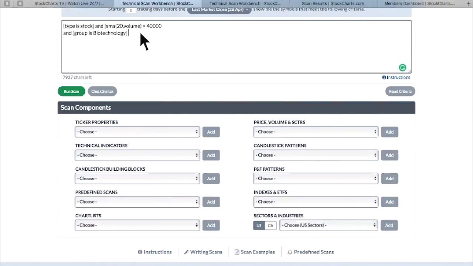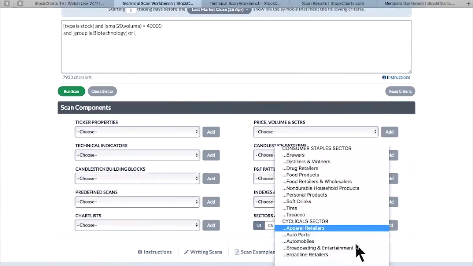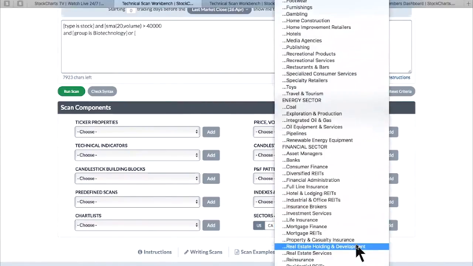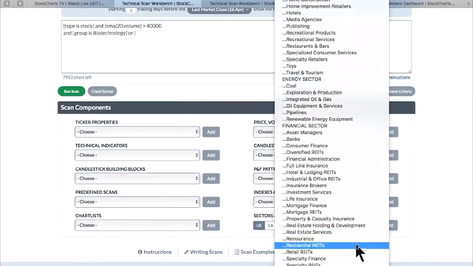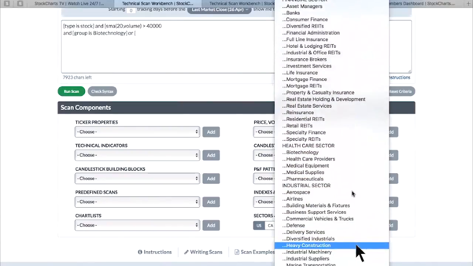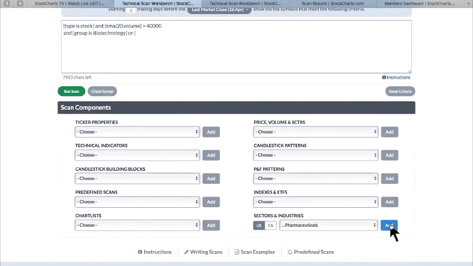Then I want to add something else, because it's not just biotechnology, it's also the pharmaceuticals that move well. So we want to get both of those. Let's just call them highly leveraged. They move very quickly both ways, and we want to be aware of that.